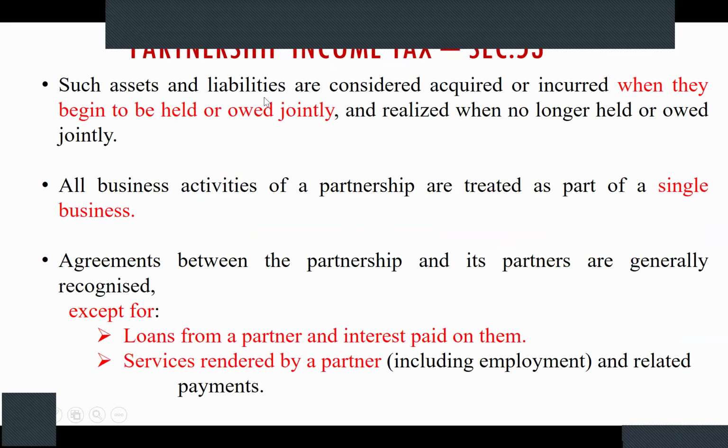Such assets and liabilities are considered acquired or incurred when they begin to be held or owned jointly, and realized when no longer held or owned jointly. All business activities of a partnership are treated as part of a single business. That means there may be several businesses in a partnership, but all should be considered as a single business activity.